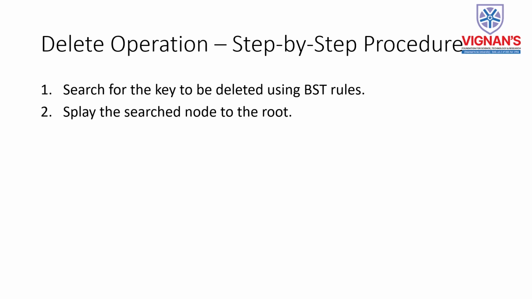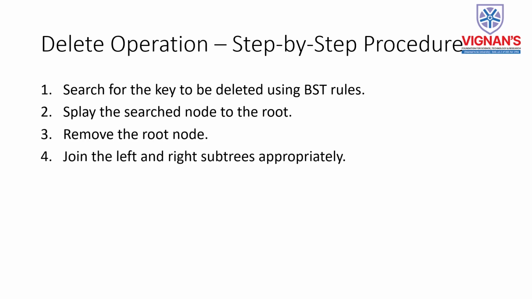Remove the root node. Once the node is at the root, it is removed from the tree. Join the left and right subtrees appropriately. The remaining subtrees are combined in a way that preserves BST order. Ensure BST property is maintained. After joining, the tree still follows binary search tree rules.